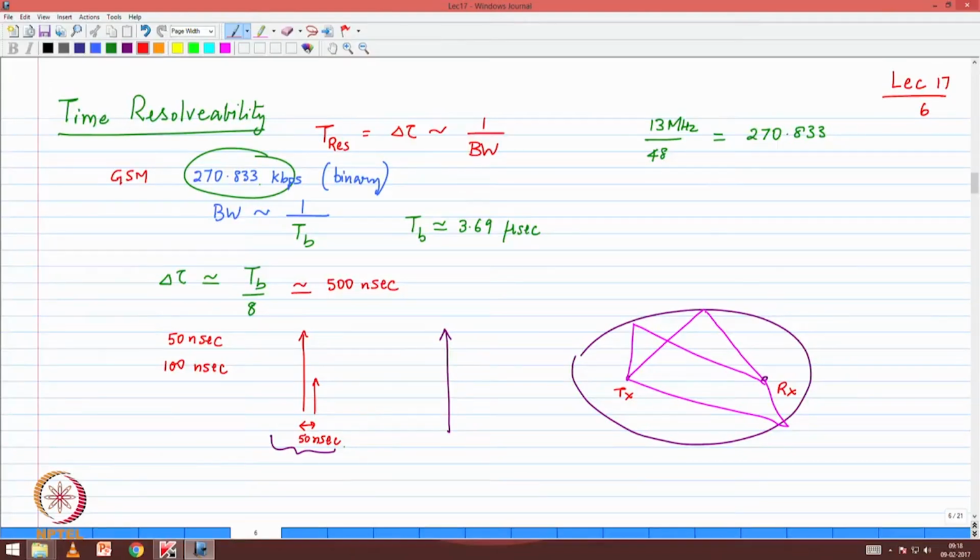Now, if you have this time resolution uncertainty, then it doesn't have to be on the ellipse. I cannot tell whether it's on the ellipse or inside this boundary. Notice it's no longer a line, it becomes an annular region, basically a band around that. The greater the time resolution uncertainty, the wider this band is going to become. That is a very, very important concept.